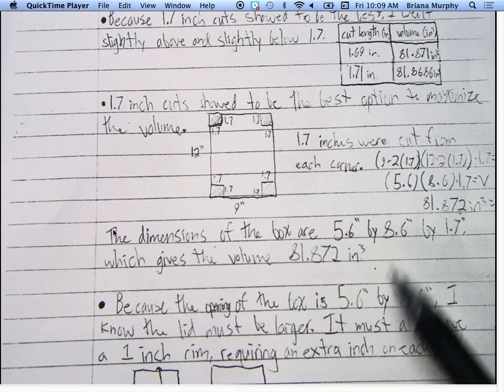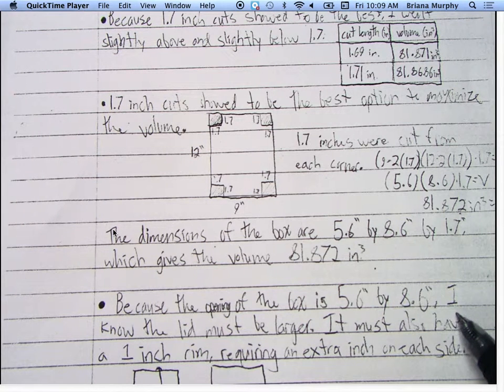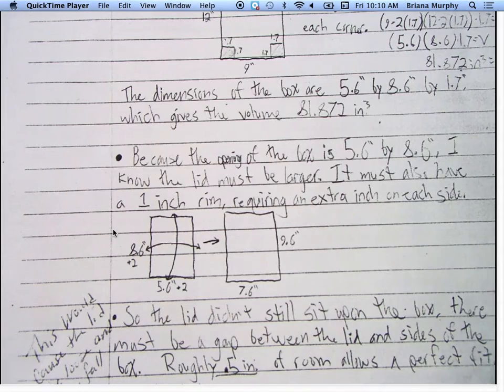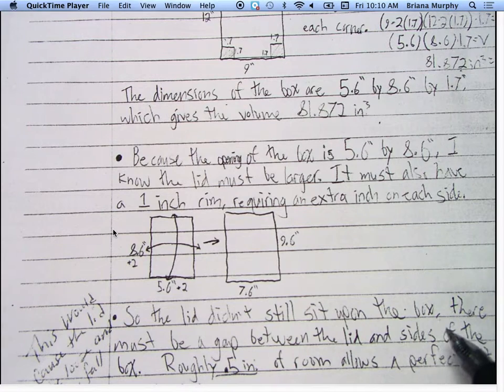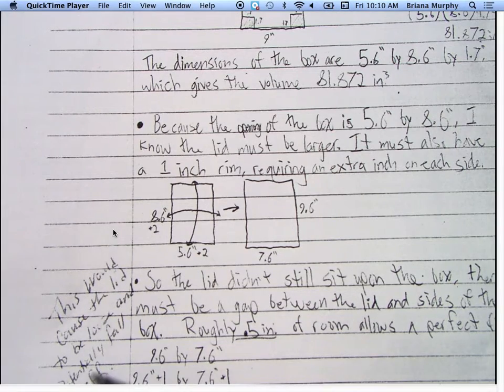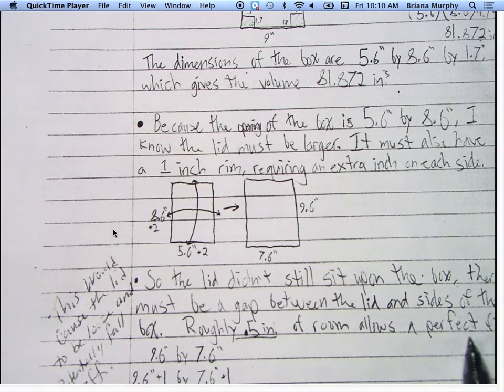Because the opening of the box is 5 by 6 by 8 by 7, I know the lid must be larger. It must also have a 1 inch rim remaining an extra inch on each side. So the lid didn't sit upon the box. There must be a gap between the lid and the sides of the box, roughly 0.5. That would cause the lid to partially fall off, okay? A room allows a perfect fit.